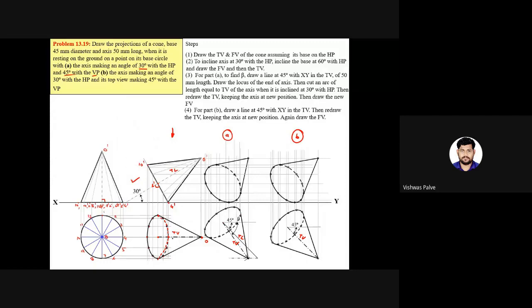Plan length is the top view length. So we apply the TLPL method when they say the axis is inclined at 45 degree. And if they say the top view is inclined at 45 degree, then directly we have to draw the plan length at 45 degree.